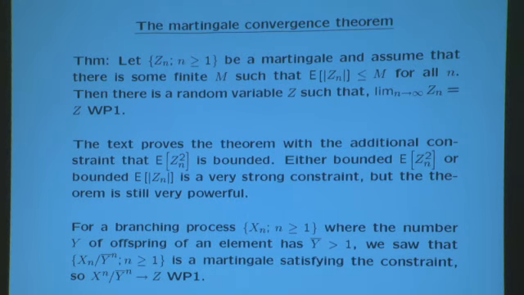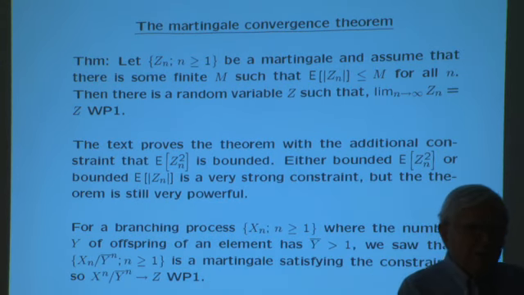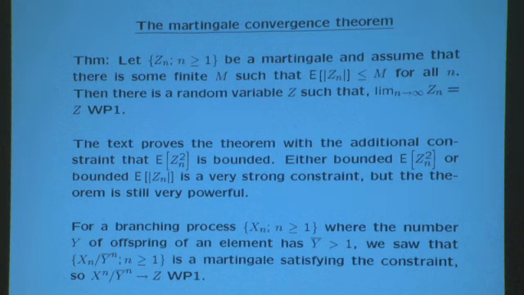And sometimes it takes a long time before it really takes off. Sometimes it takes a short time, and that's what the random variable Z is. But the random variable Z says that after a very long time, the value of this process X sub n is going to be approximately Z times this quantity here, which is growing exponentially.